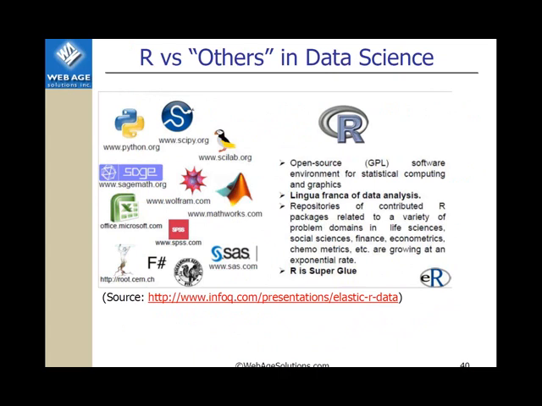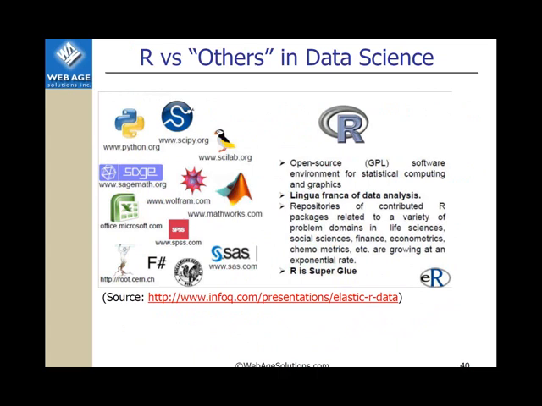So R is on one side of that scale, a kind of balance, and on the left we've got lots of others. We've got Python with the SciPy library, SAS, F# from Microsoft, SPSS, and essentially R can give you a good balance, and it has features that can be used to solve problems in many problem domains.